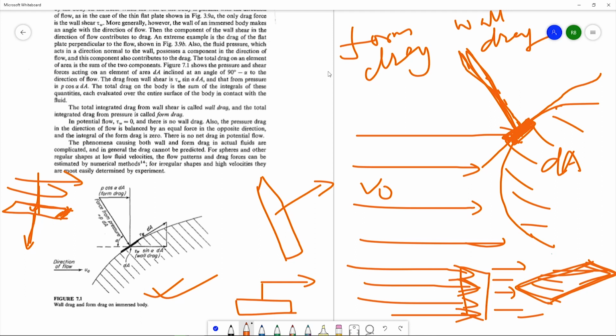Okay, but there will be only shear stress because the flow is parallel to the surface, perpendicular to the normal direction. But if it is at an angle, then it will have both pressure plus shear.